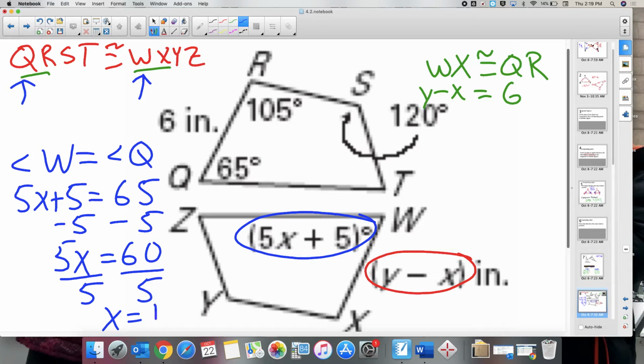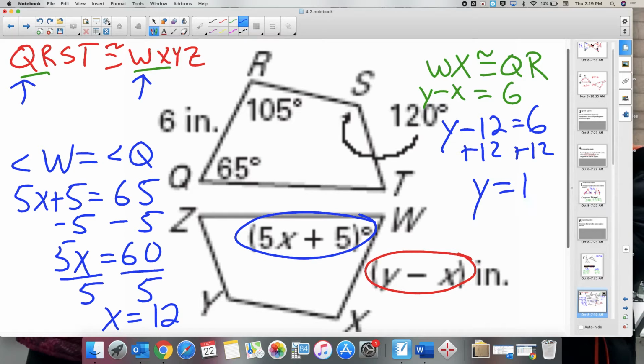We get x to equal 12. If x is 12, I can come into my other equation and plug that 12 in. We now have y minus 12 equals 6. So we add 12 to each side. And we get y to equal 18. So there's your value of y and your value of x. So that is parts A and B.